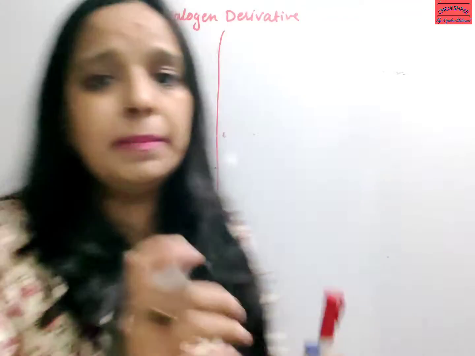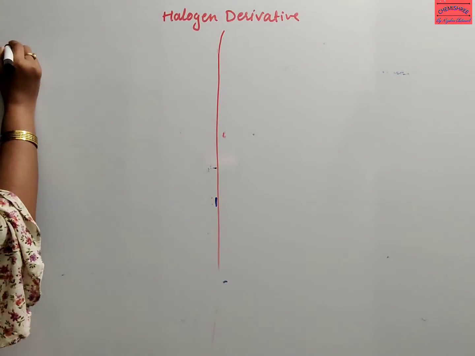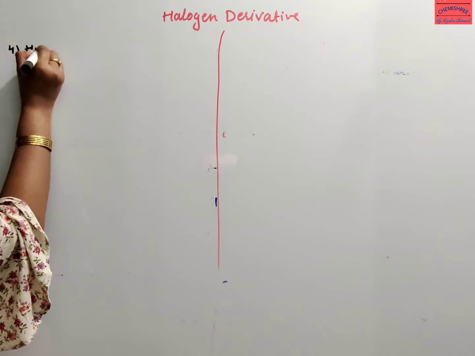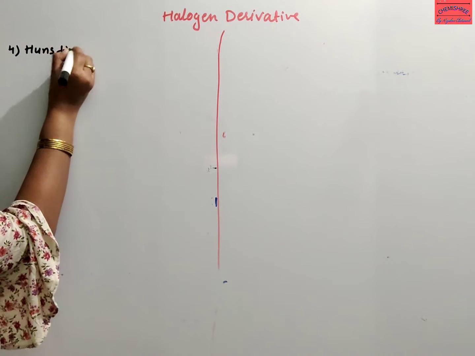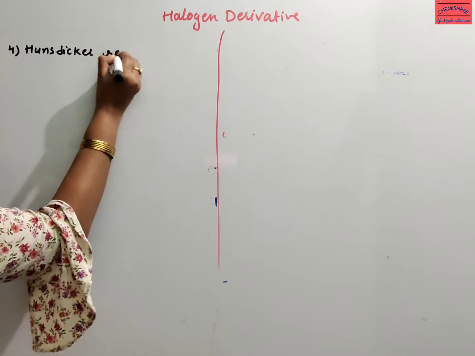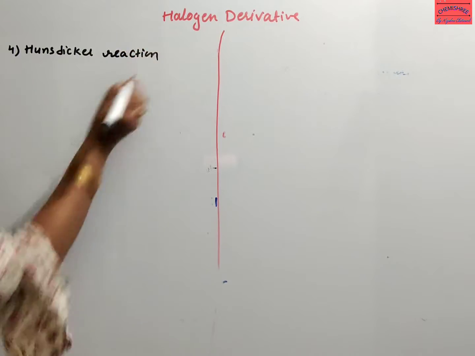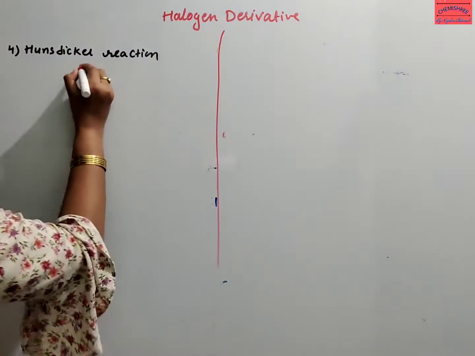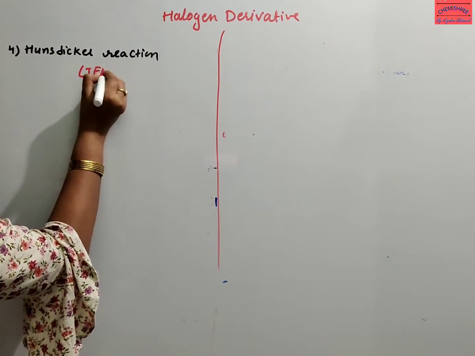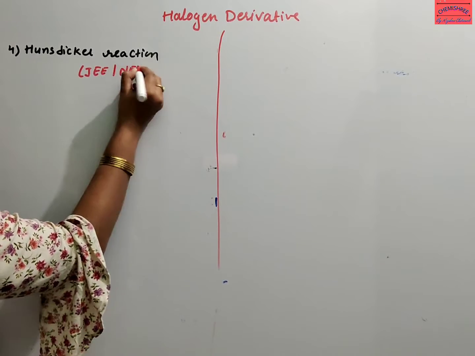Let us take one more method, method number 4, Hunsdiecker reaction. This method, Hunsdiecker reaction, is not there for your board examination. It is only there for JEE NEET examination.